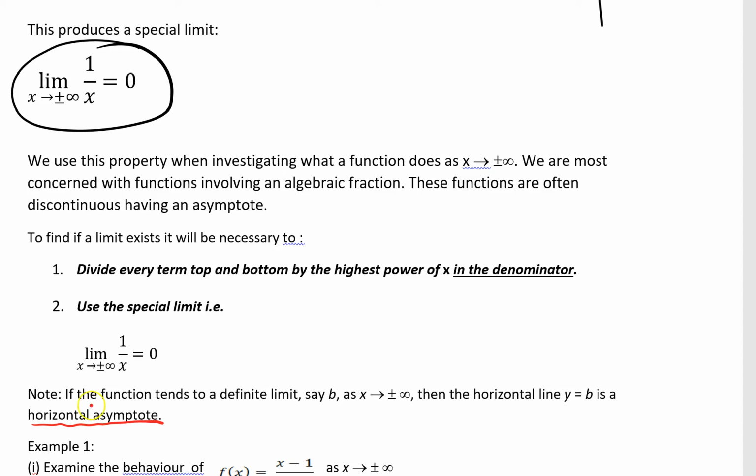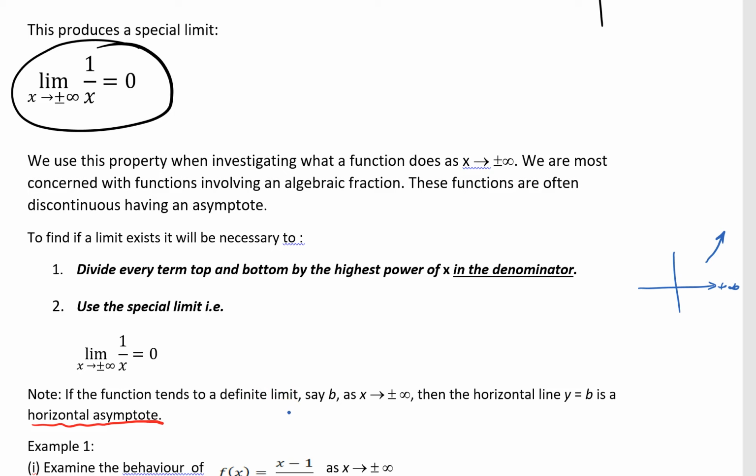So it says here, if the function tends to a definite limit, as opposed to going off to infinity, which I guess if we found that as x approaches infinity, if our graph's going off to infinity, then it simply looks like that, which I wouldn't say is a definite limit.